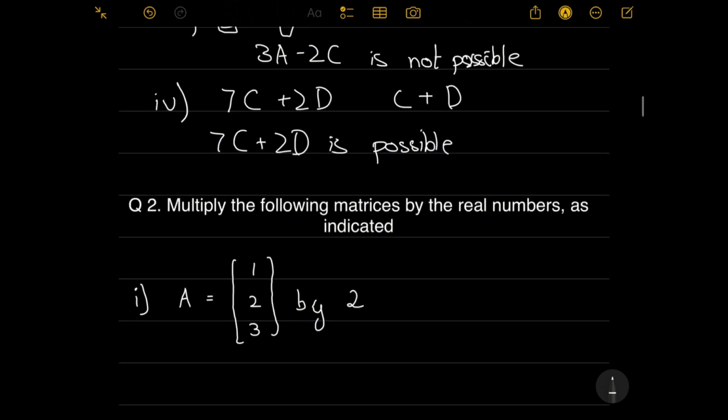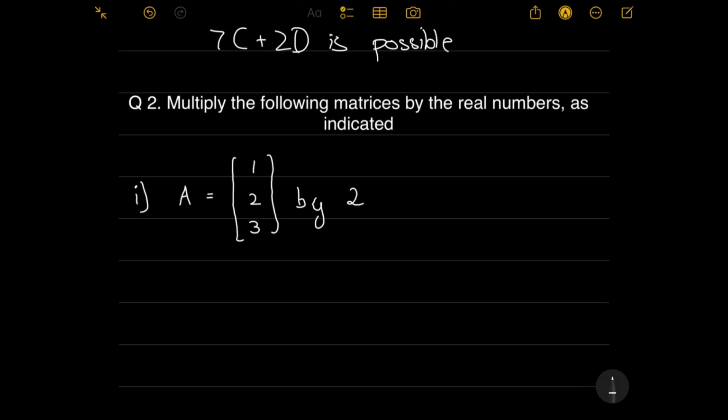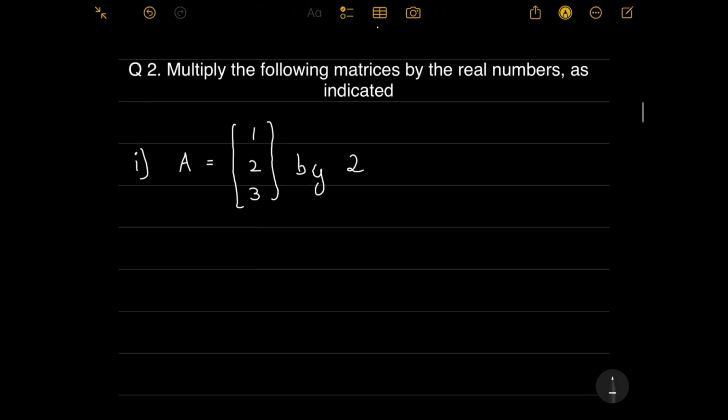Let's start question number 2. The question number 2 says multiply the following matrices by the real numbers as indicated. So we simply need to multiply the given matrix by a real number. So let's start. We know that simple multiplication would occur here.